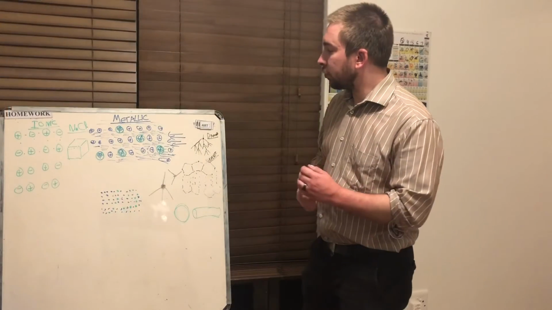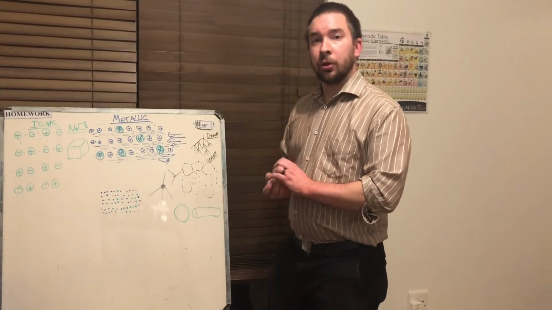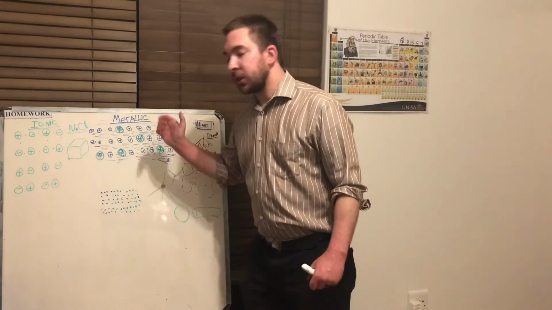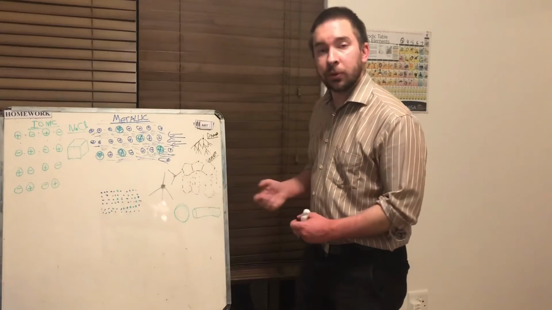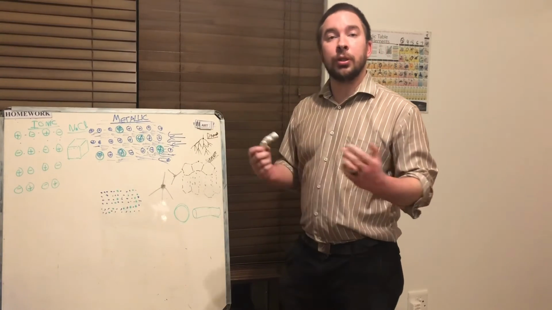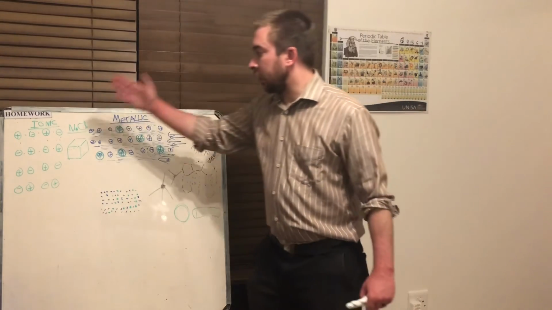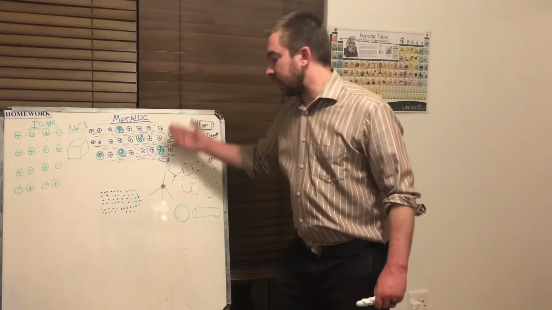So that basically brings us to our conclusion as we compare the physical properties and the reasons for those physical properties that you get between the different solid states of matter, ionic substances versus metallic substances.